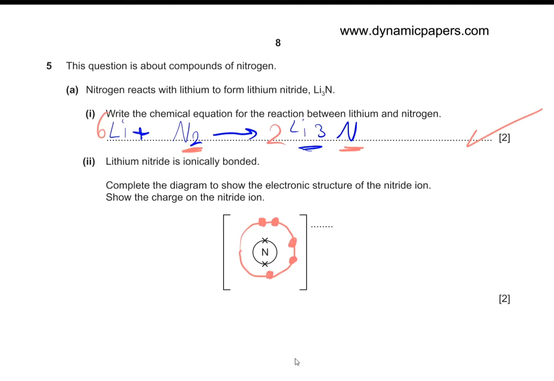So to fill this shell, it needs 3 more electrons to form a full octet. So we're going to get 3 electrons from the lithium, which would look something like this, and then we're going to add the 3 minus charge, and this is how the nitride ion looks.